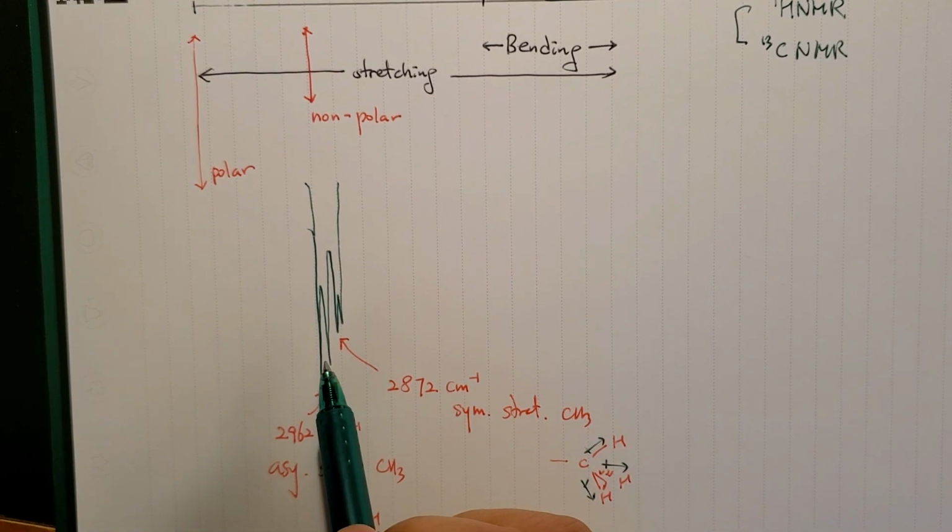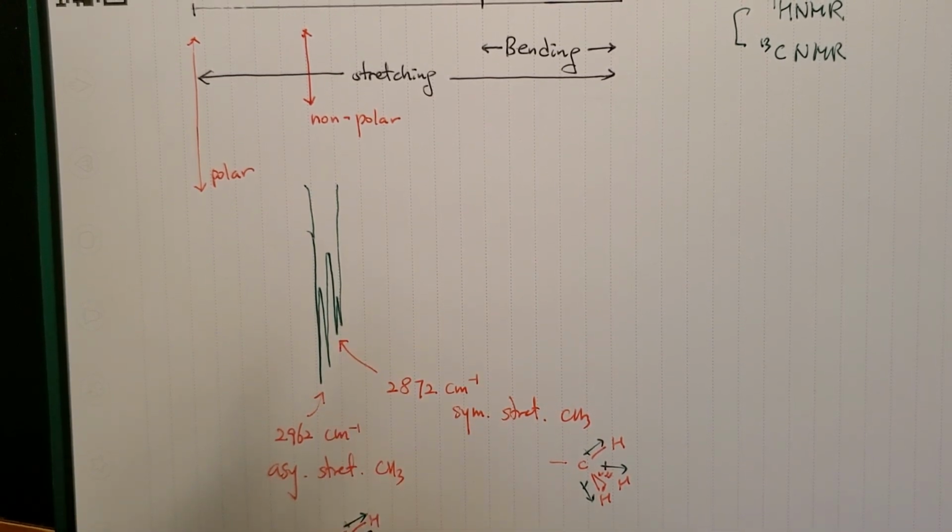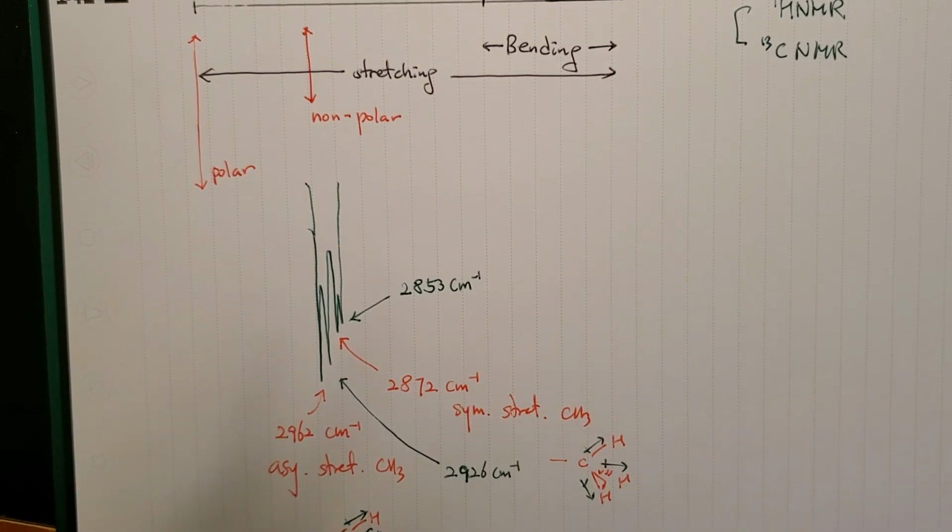Then the remaining two here and here, they are caused by CH2s. This one here is about 2926, so the lower 2900.